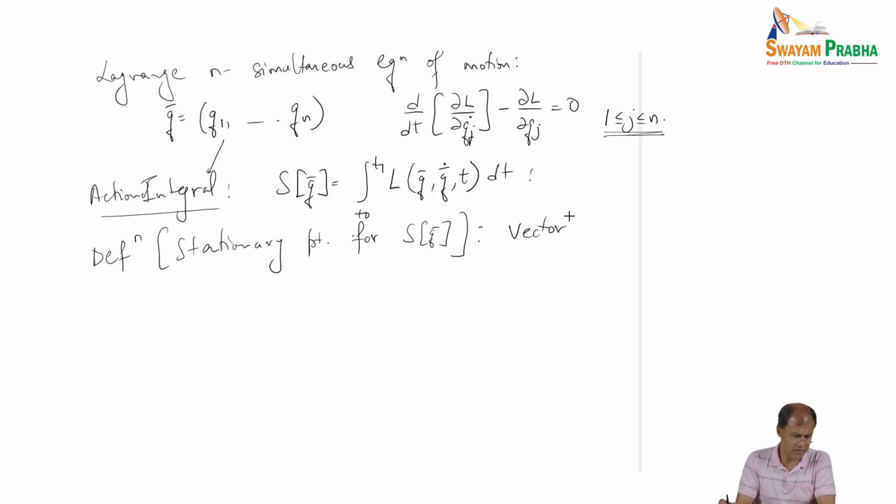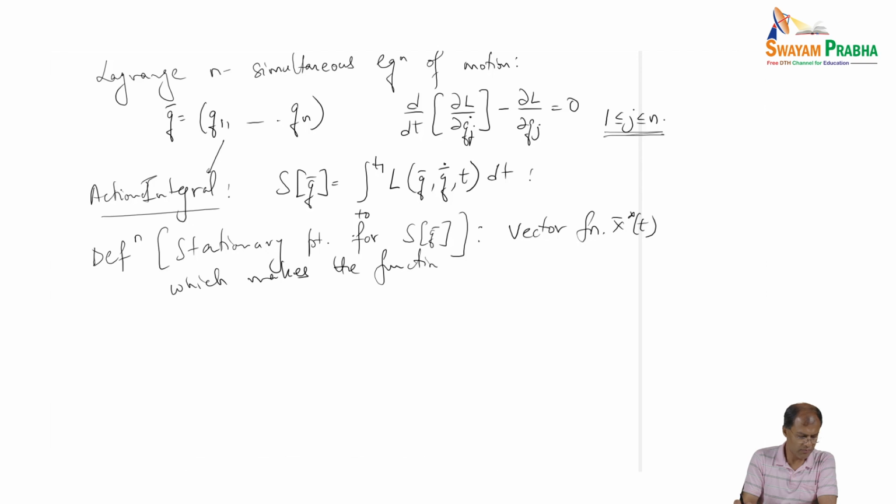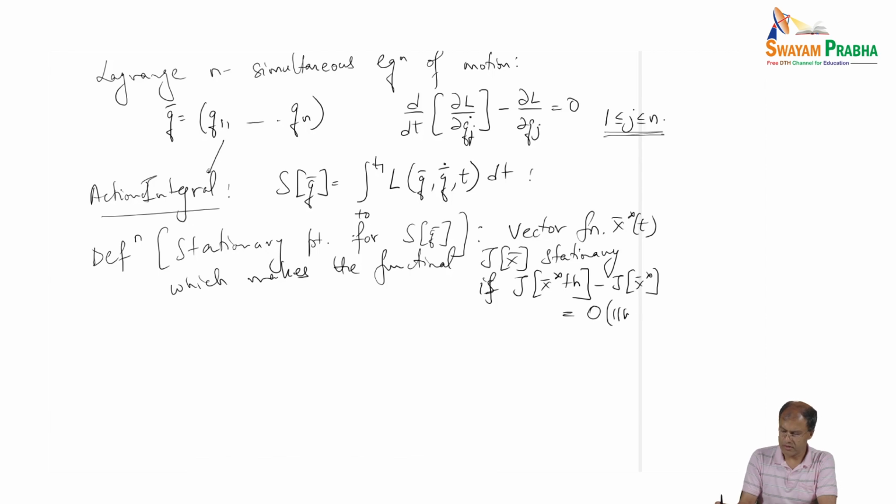This time it is not a scalar but a vector. So a vector function x star of t which makes the functional J of x stationary if J of x star plus h minus J of x star is of order h squared, when the norm of h is small.